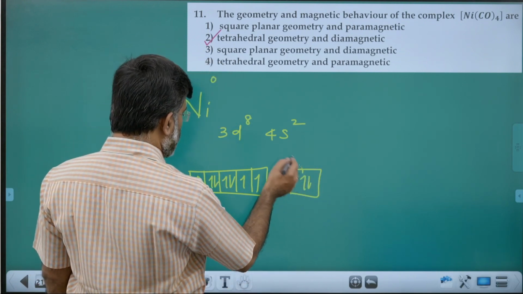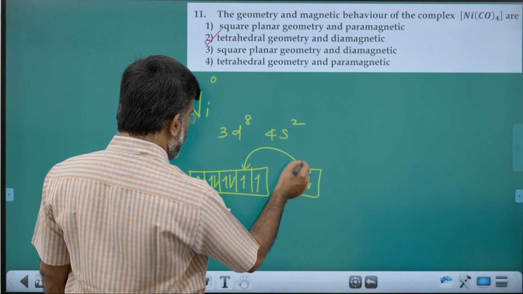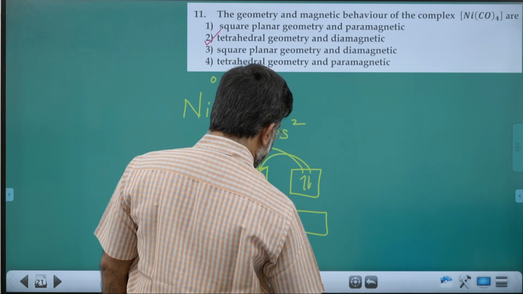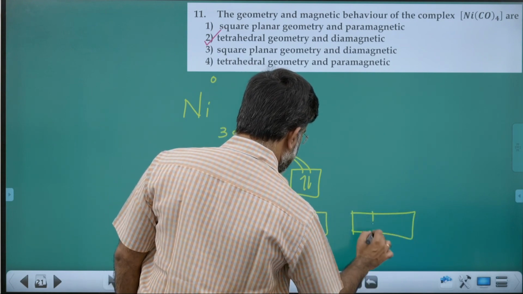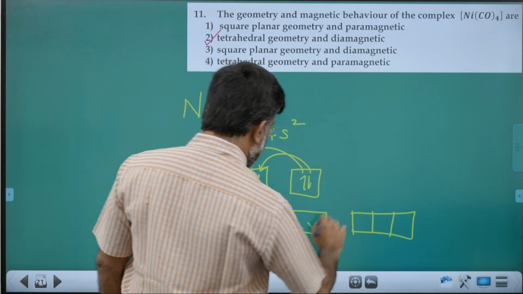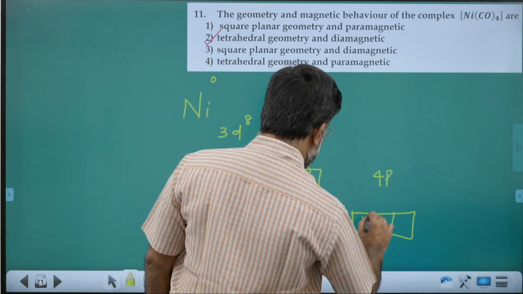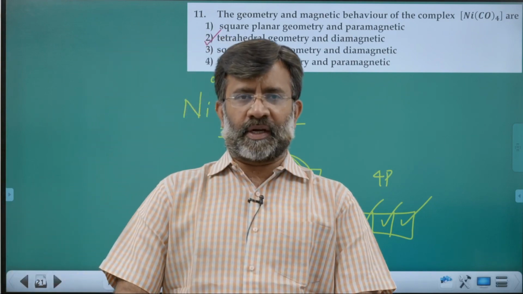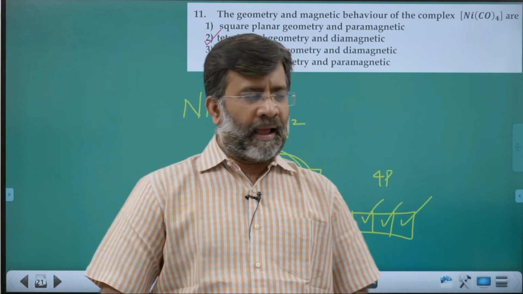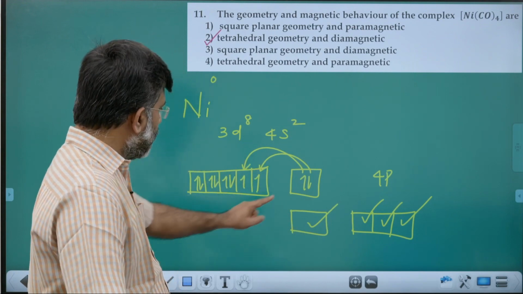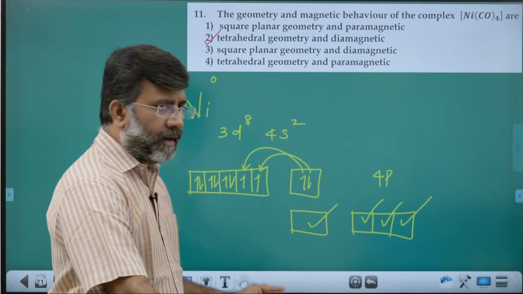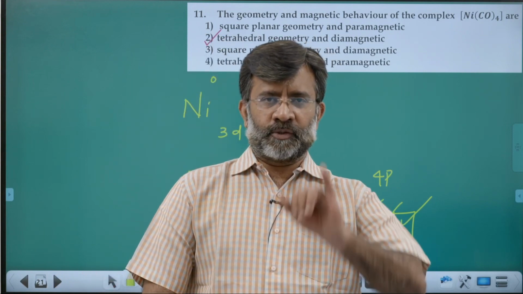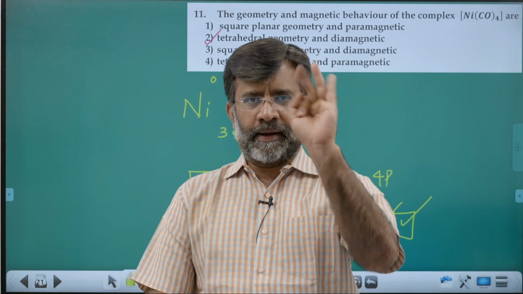So one of these electrons will migrate here, and one will migrate here, and this s orbital is made free. And there are p orbitals. So 4s orbital and 4p orbitals will undergo hybridization. It is sp3 hybridization, and hence it is tetrahedral, and all electrons are paired up. These two electrons will get paired up, and it is diamagnetic in nature. Okay, so sp3 tetrahedral diamagnetic.